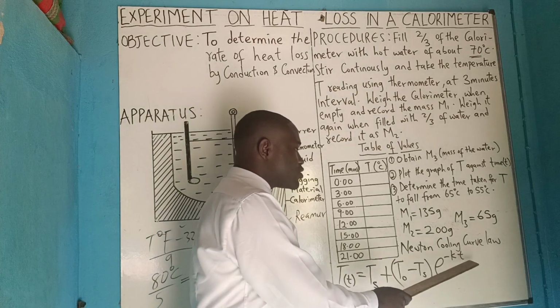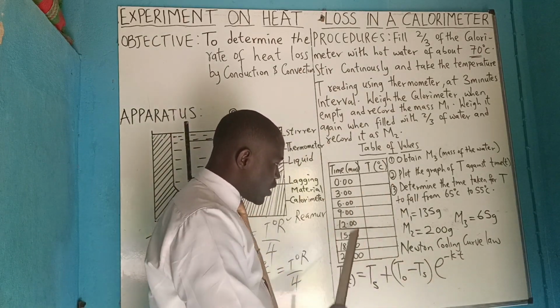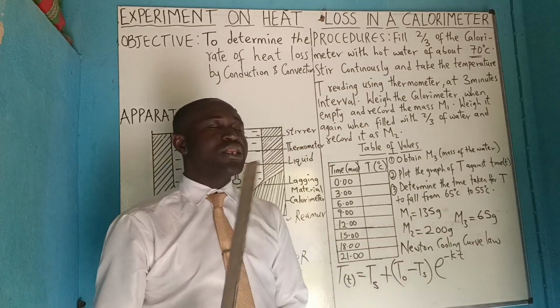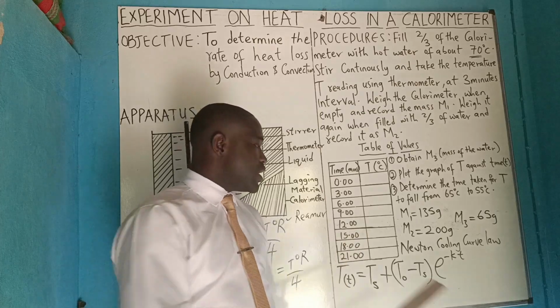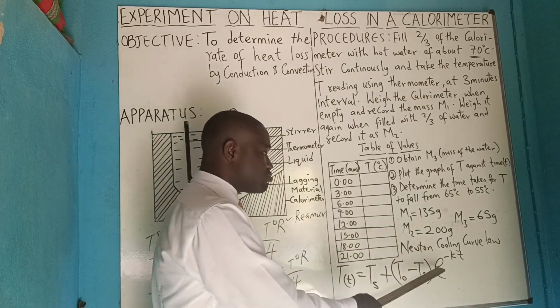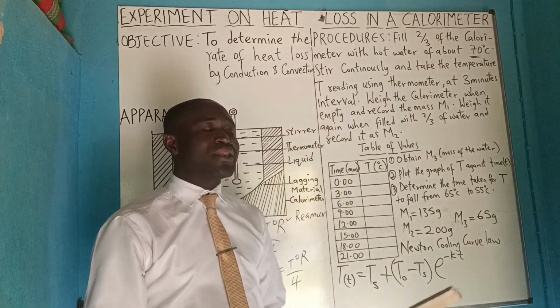Small t is time. Then k is the cooling constant. e is a mathematical constant, which is 2.718.